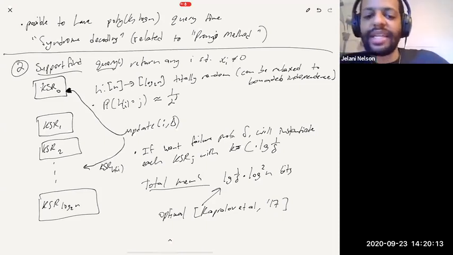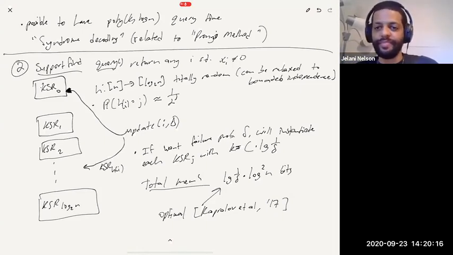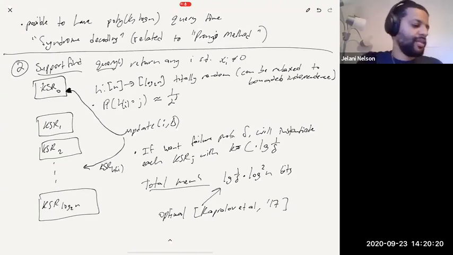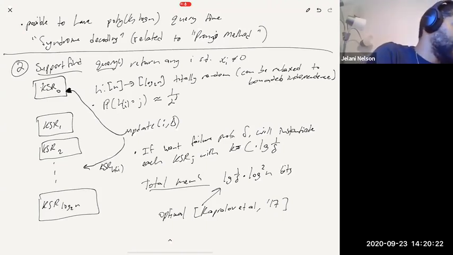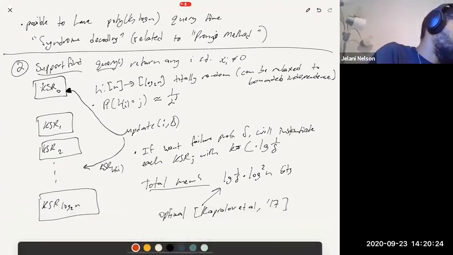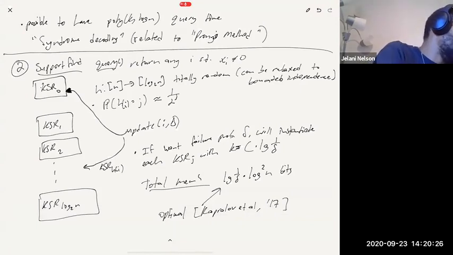That's very unlikely by the Chernoff bound. And I could basically do that working my way up from the bottom, until, let's say, there's some magic level here.